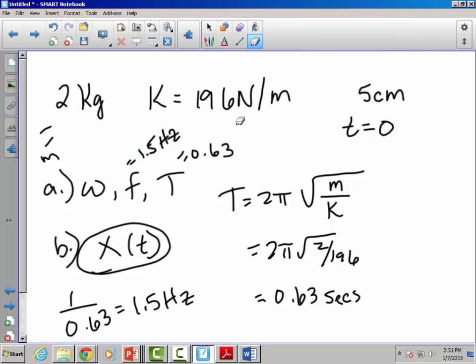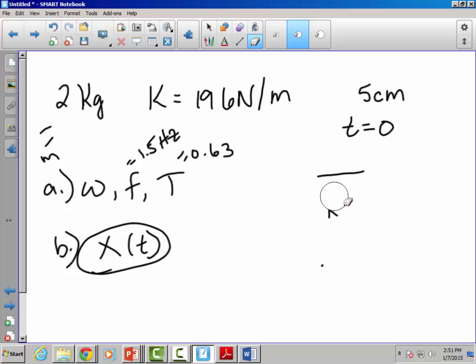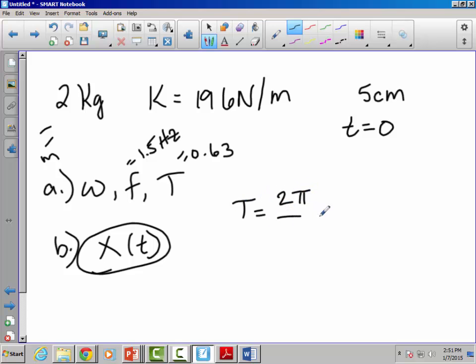All right, the next part of this problem is solving for our angular frequency. And angular frequency and period are related through that previous expression I showed you, period equals 2 pi over omega.